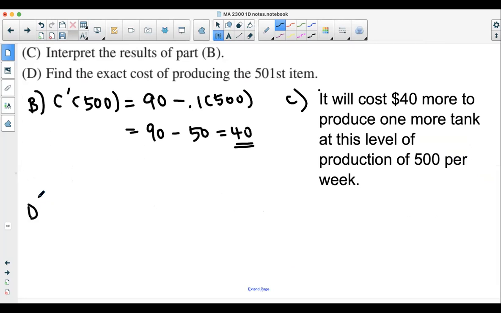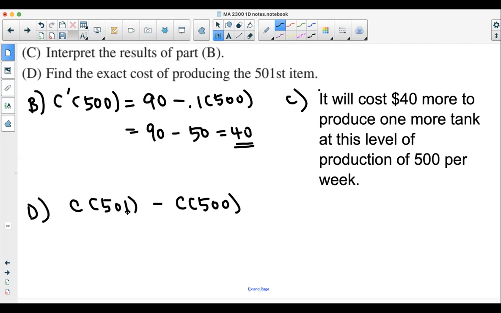Part D means the exact cost of producing the 501st item, that means the cost of making 501 minus the cost of making 500. So if I were to do this, then that will get me exactly how much it will cost me to make one more item at that level. So let's see what we can do.